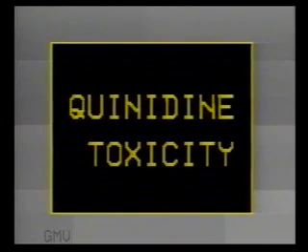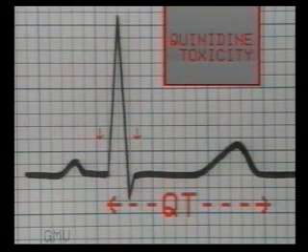Quinidine toxicity. Quinidine toxicity results in lengthening of the QT interval and also widening of the QRS complex. Note that in this ECG, the QRS complex is widened uniformly and the ST segment is also prolonged, with overall lengthening of the QT interval.